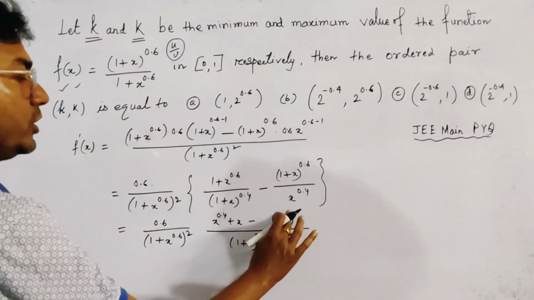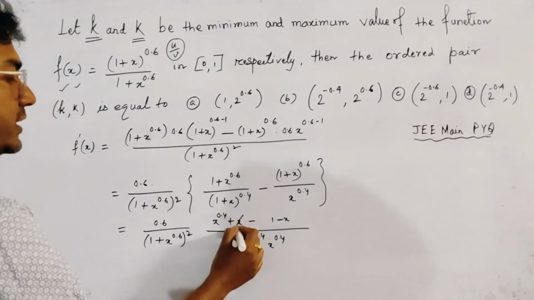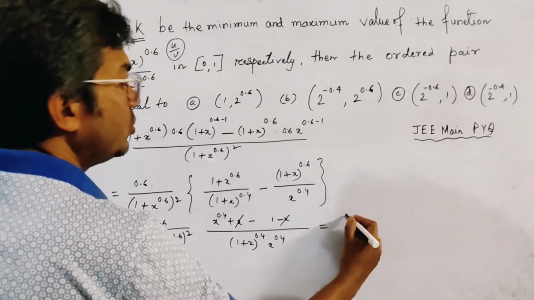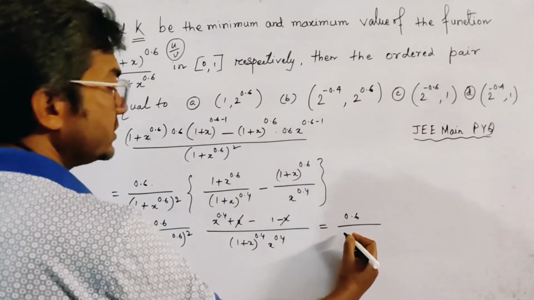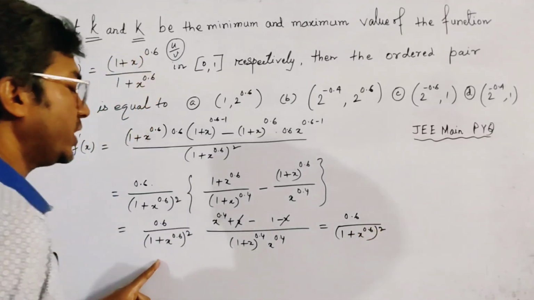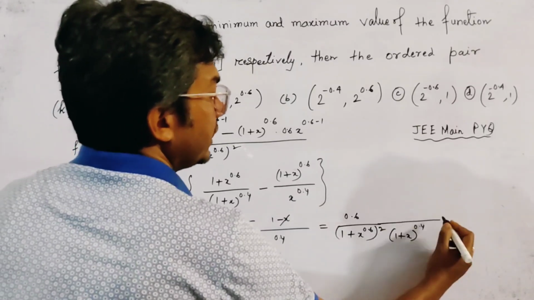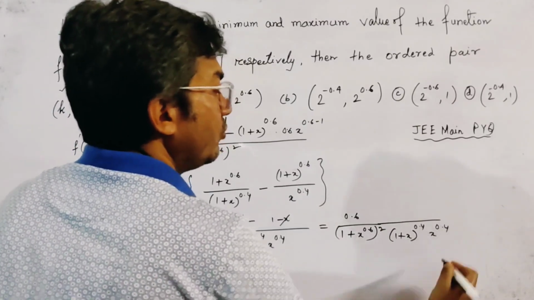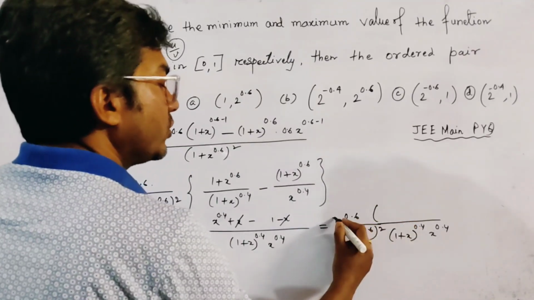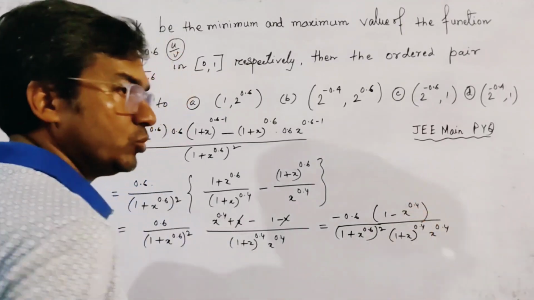Now if we open this bracket, then this is obviously negative, so x and x cancel out, so we get the result as 0.6 by (1 plus x raised to 0.6) whole square into (1 plus x raised to 0.4) into x raised to 0.4, and in the upper portion, if we take common negative here, then we get 1 minus x raised to 0.4.